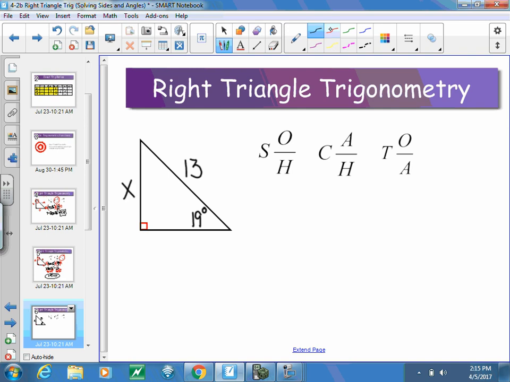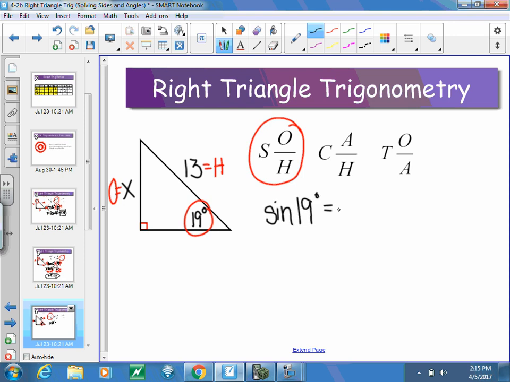So 19 degrees, I know my hypotenuse is 13, and x is the opposite side. And so that would set us up using the sine function. So the sine of 19 degrees is equal to the opposite of x over the hypotenuse of 13.